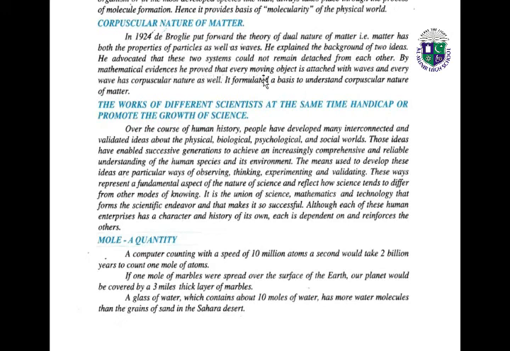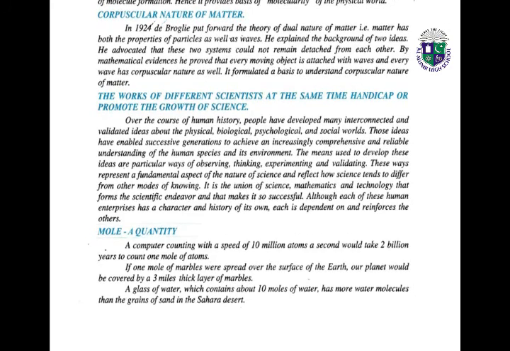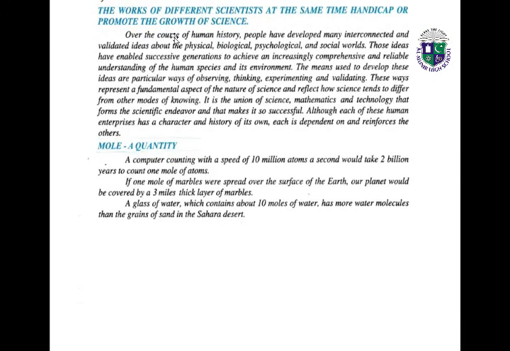He proved that every moving object is attached with waves and every wave has a corpuscular nature as well. It formulated two bases to understand the corpuscular nature of matter. In the end, the work of different scientists at the same time can handicap or promote the growth of science.